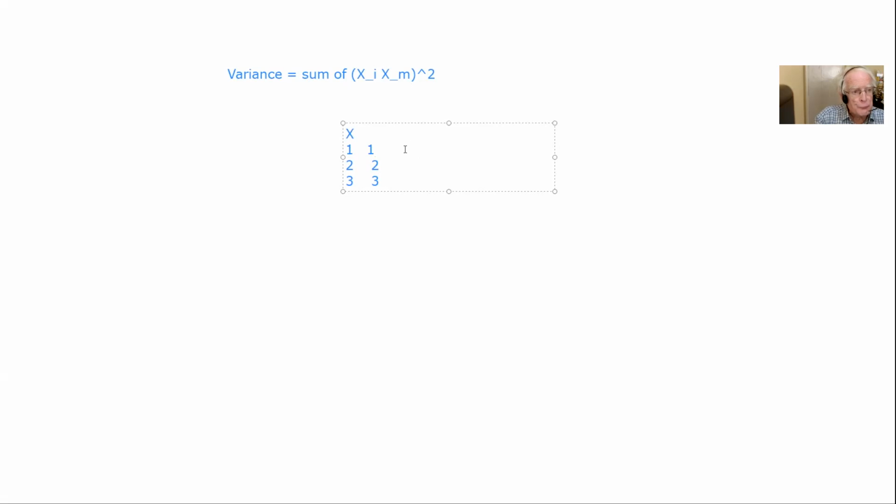So the mean for this distribution is 1 plus 2 plus 3 adding up to 6, divided by the number of observations. There are 3 observations, and so the mean value is equal to 2, or 6 divided by 3.